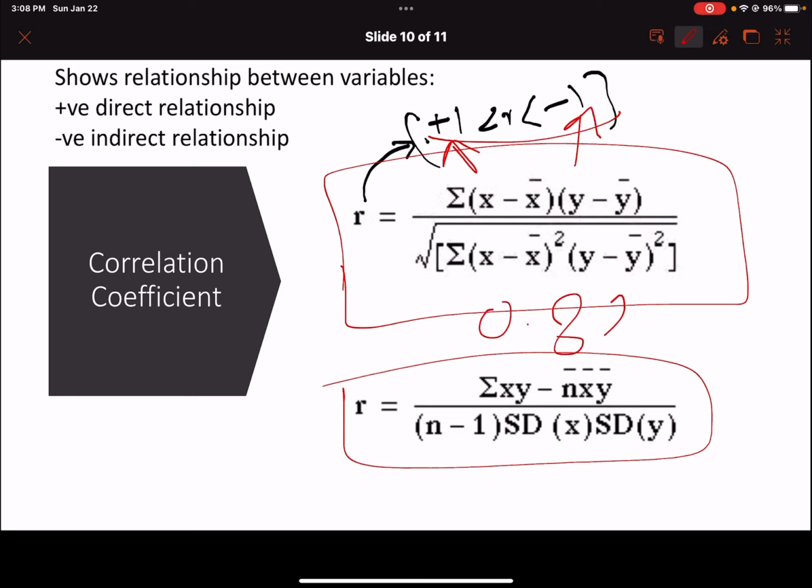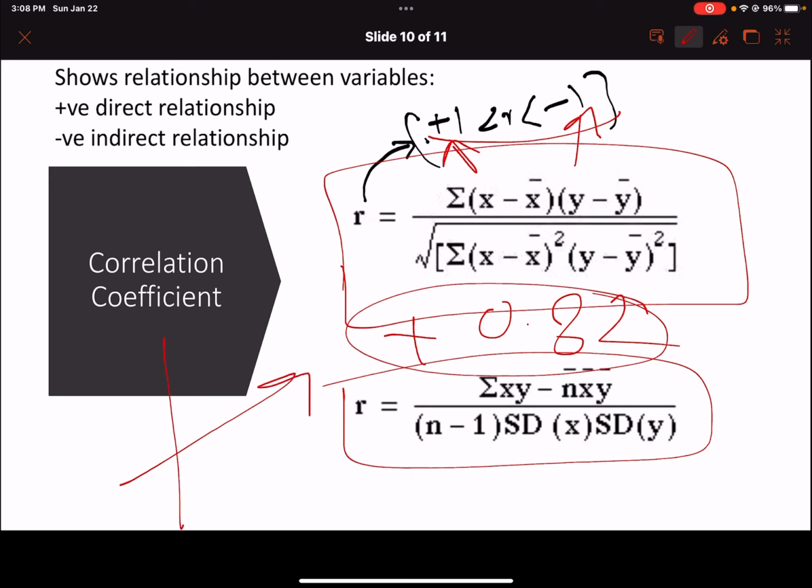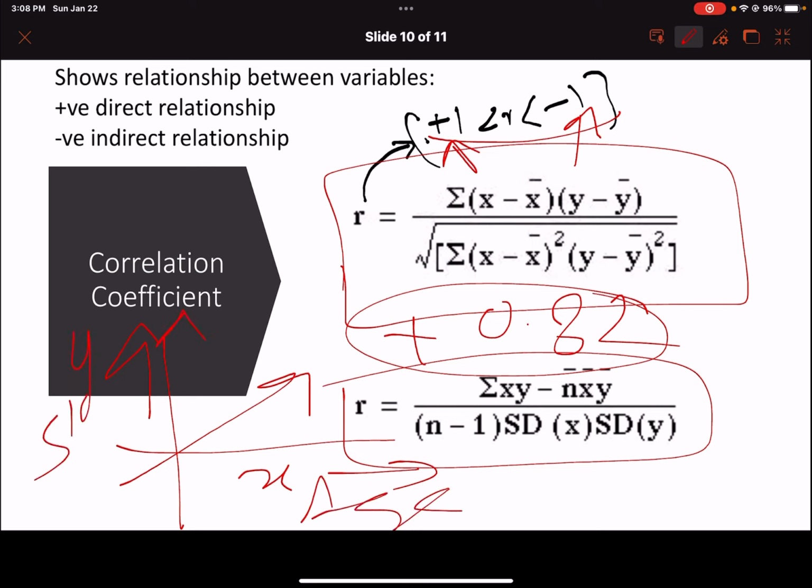A value of 0.82 positive means a highly direct relationship. So in general, with increasing value of X, your Y values are increasing. With age, in general, shoe sizes are increasing, but for some people it may not be so. So in general you are making the relationship between the variables.